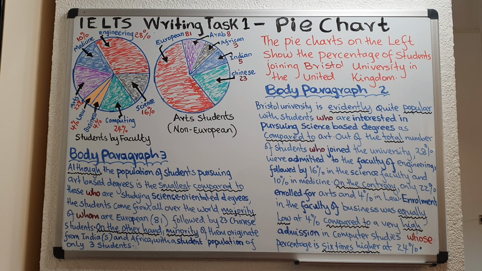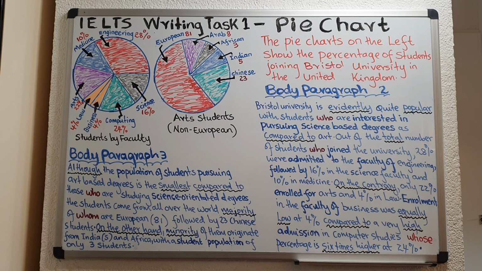So I introduced body paragraph 3 by comparing it with body paragraph 2. Remember, this is a comparative type of essay. So you can't begin body paragraph 3 without comparing it to body paragraph 2. I did that by comparing the information.